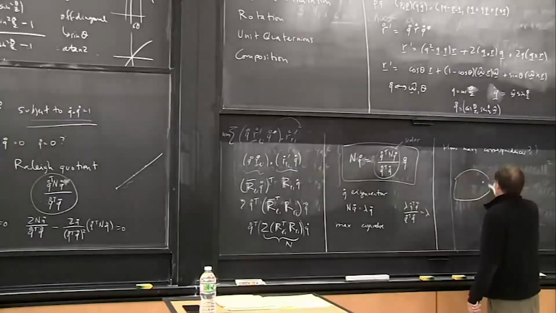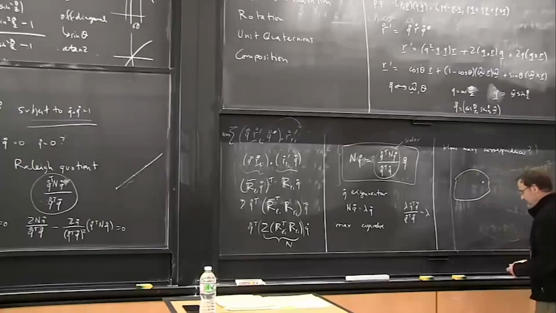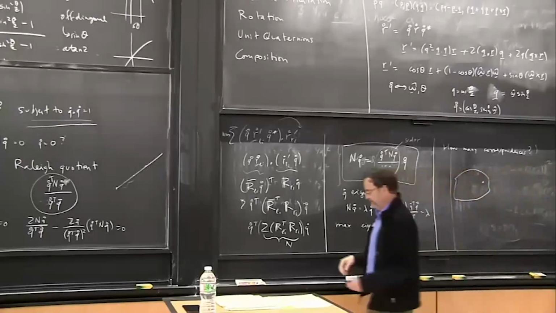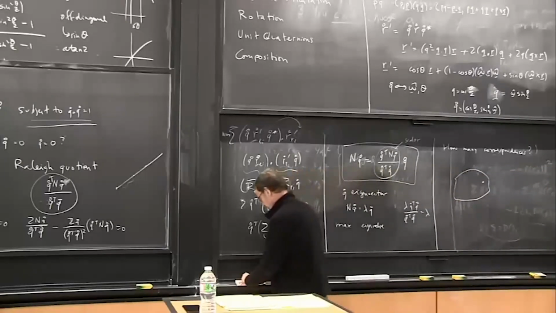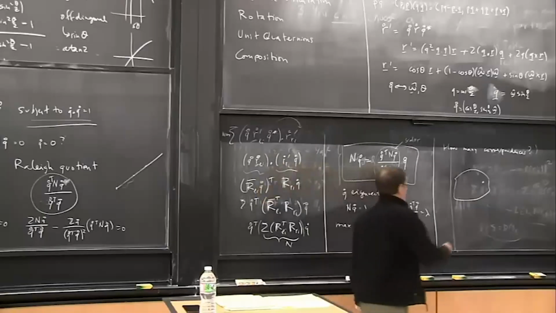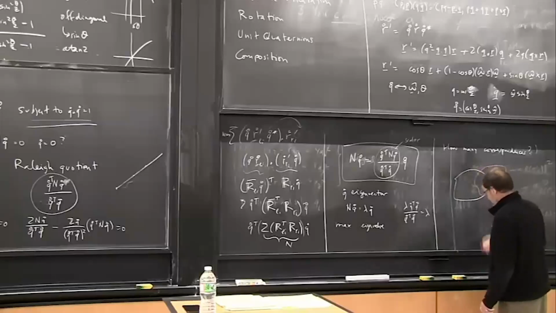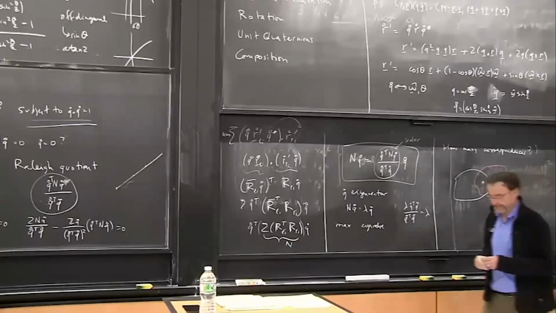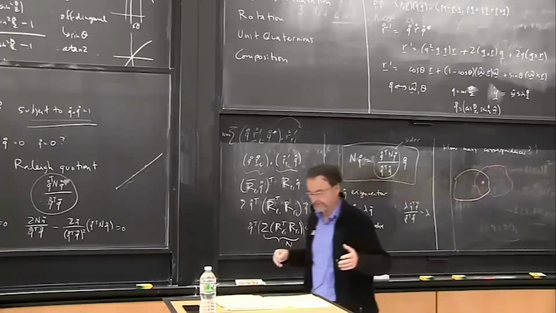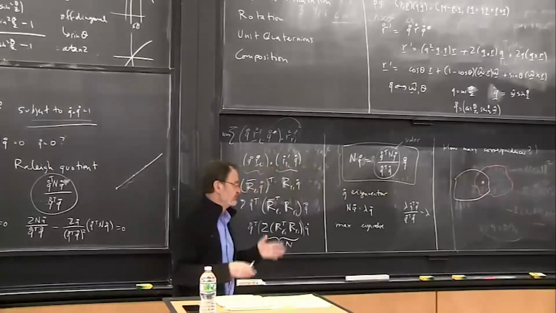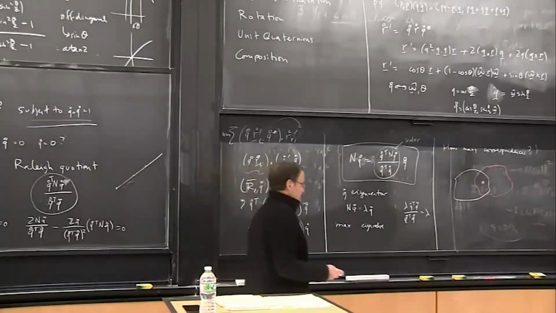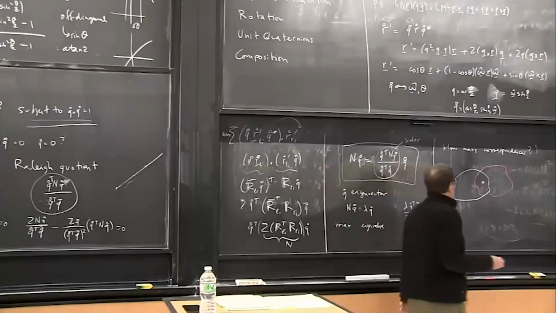So here's an object, and then we have a second object, and we want to know how one is rotated relative to the other. And of course, we know the duality between 2 objects, 1 coordinate system, or 1 object, 2 coordinate systems. So let's do the 2 objects, 1 coordinate system.